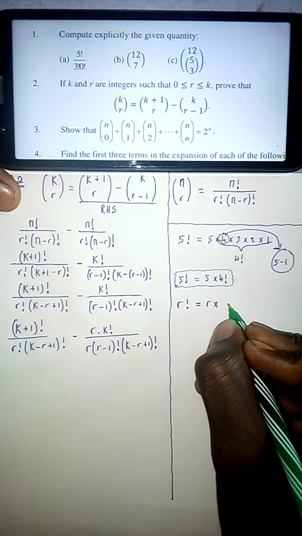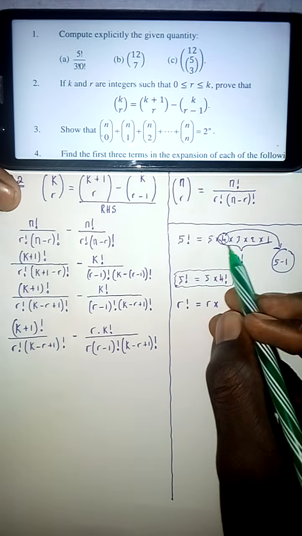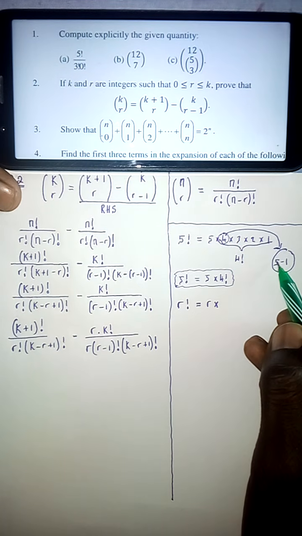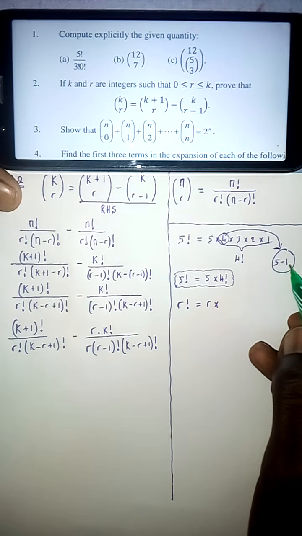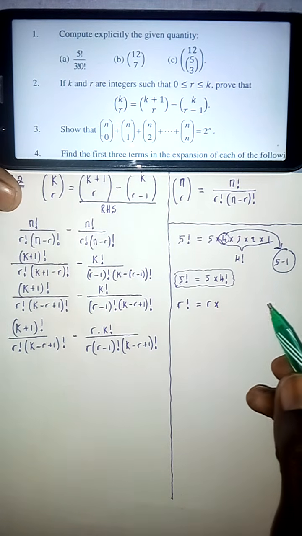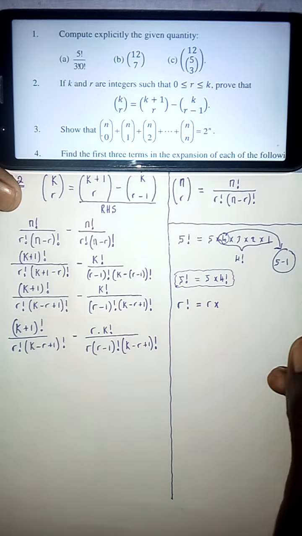How did we come up with 4? We said 5 minus 1, right? What about for r? Since we don't know it, it will be r minus 1, right?